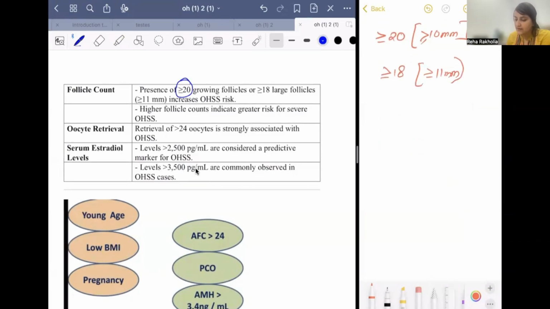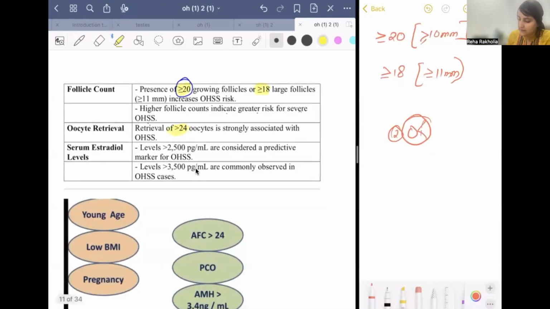So higher follicle count indicates greater risk for severe OHSS. Second is oocyte retrieval. Collecting greater than 24 oocytes during an IVF cycle is strongly linked to OHSS. Now, serum estradiol levels above 2,500 picogram per ml are considered a warning sign for OHSS, while levels exceeding 3,500 picogram per ml are commonly seen in patients developing the symptoms.